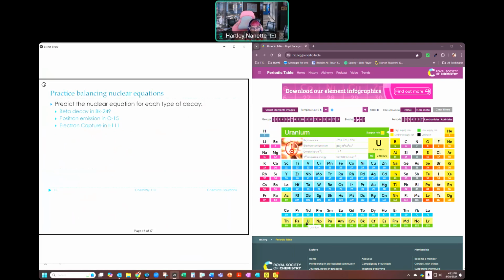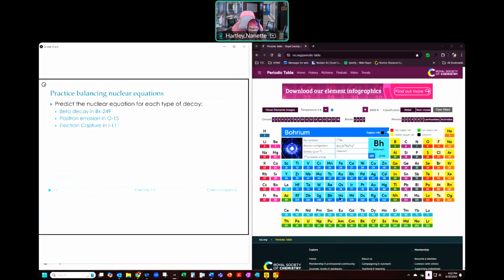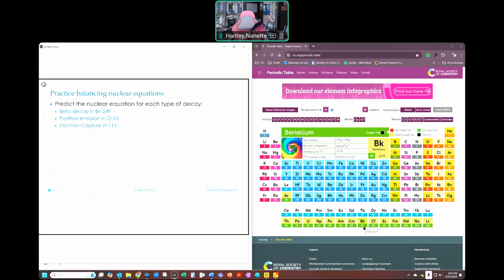I want to predict the nuclear equation for each type of decay. I have beta decay in BK249. Where is BK? BK is 97. He's right there. So I have my BK 97, 249.